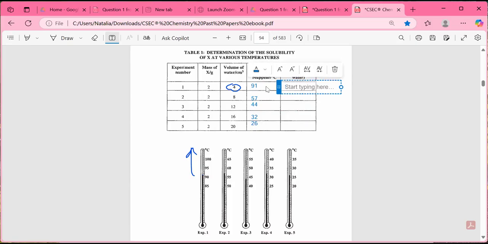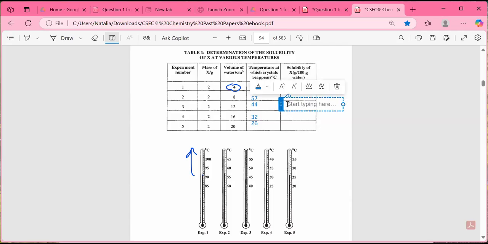So it's 2 divided by 4 times 100. This is going to be 50, right? 2 divided by 8 times 100 is going to be 25. 2 divided by 12 times 100 is going to be 16.7.